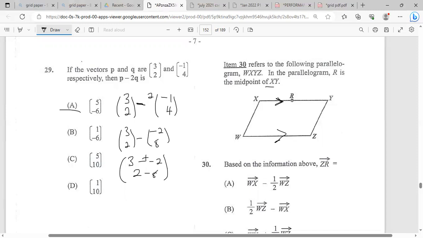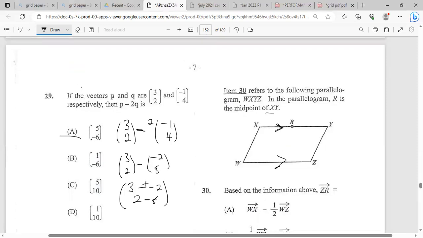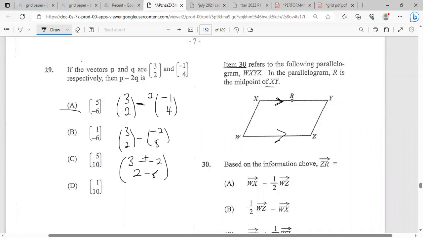That's the only piece of information you are given. So they want from Z to R. All right, so from W, oh, Z. Here we are going in the, oh, they want it in terms of this.